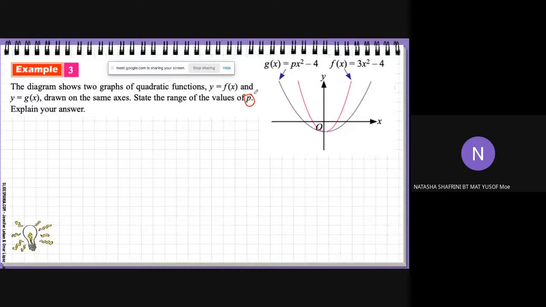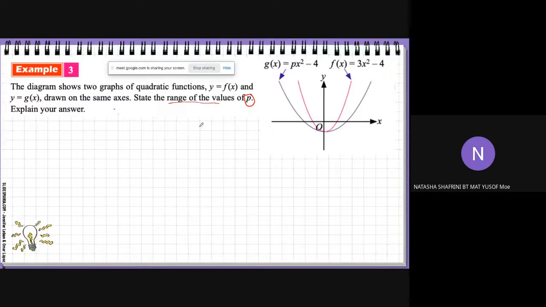Siapa boleh jawab? State the value of p. State the range of values of p. Kalau soalan dia nak range, maksudnya dia bukan equal tau.